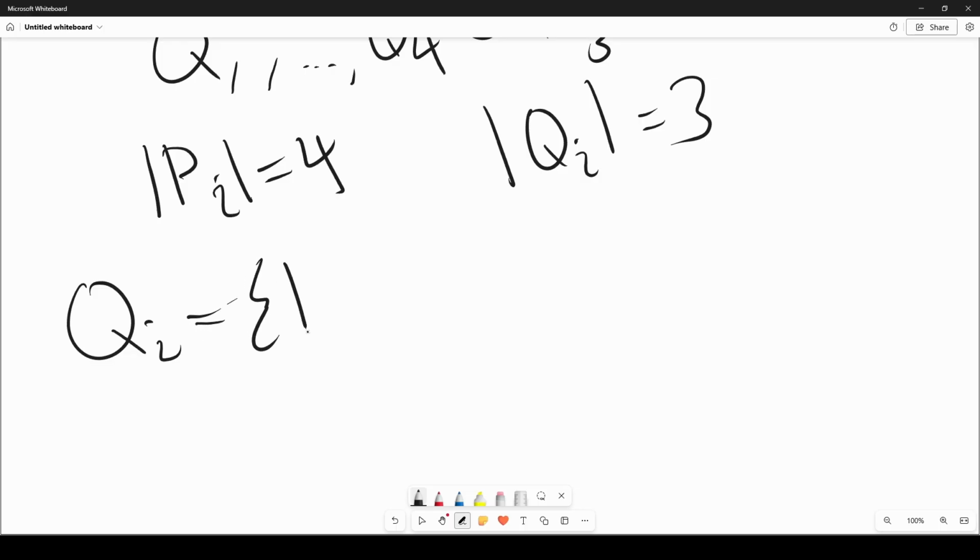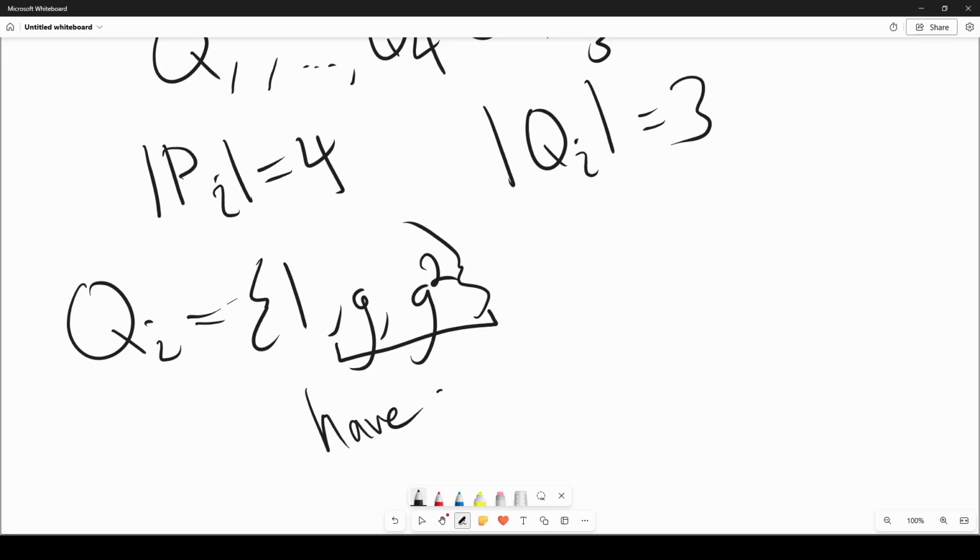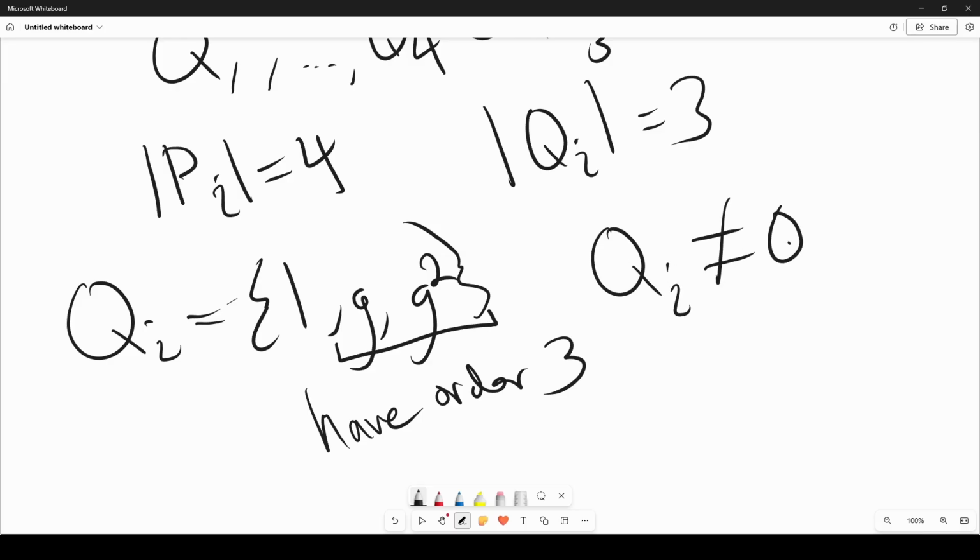So I can write it as 1, g, g squared. You should notice that these two elements, g and g squared, both have order 3. So in each qi, I have two elements of order 3. I also know that qi cannot equal qj, where i doesn't equal j, because I'm choosing 4 distinct 3 Sylow subgroups.